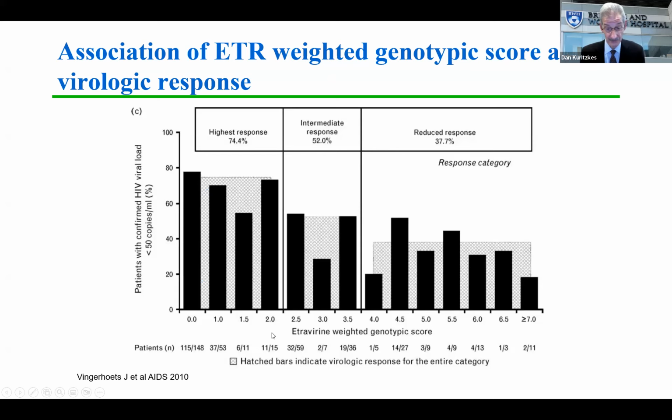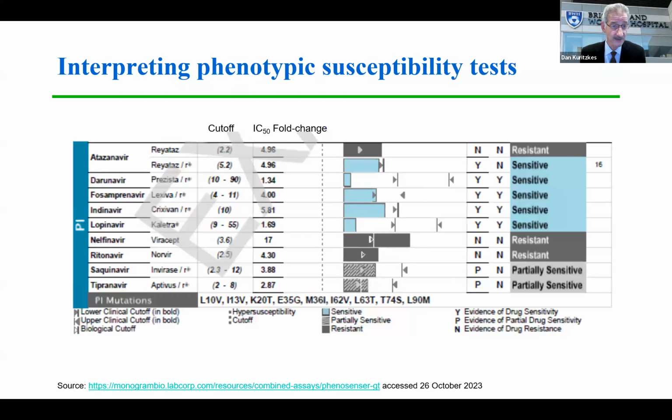So you could have a score of up to 2.0. Those that had an intermediate response, where only half of participants achieved viral suppression, and you could have a score up to 3.5. And those who had a reduced response of just about 38%, which was really not much different in that trial from the placebo arm, the people who did not receive etravirine. But you can see that even within each group, there's a fair bit of heterogeneity in the response.